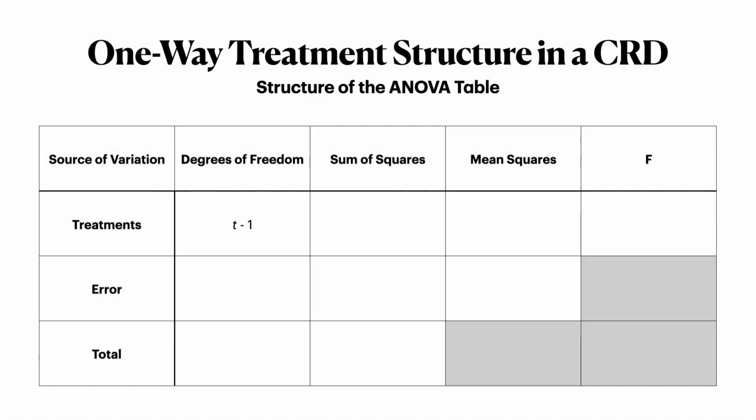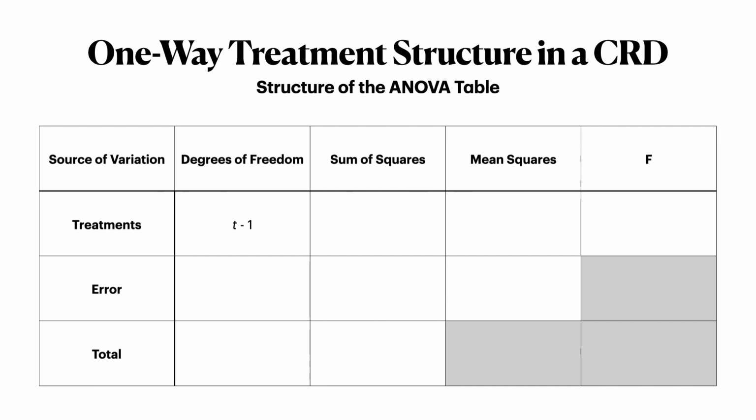So here is the analysis of variance table for a one-way ANOVA. More specifically, an ANOVA with a one-way treatment structure in a completely randomized design. And so you can see here that we have 5 columns. The first column lists the sources of variation in the model. And so in our model, we have the total variability, and that's partitioned into 2 components.